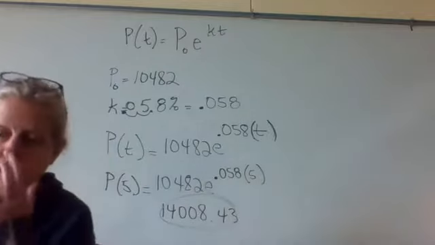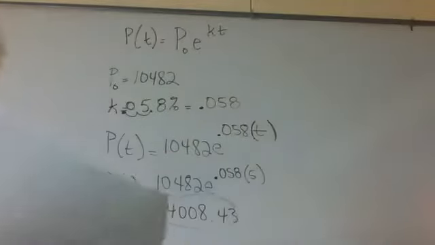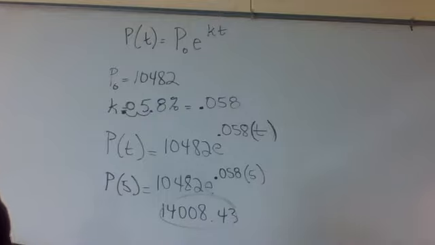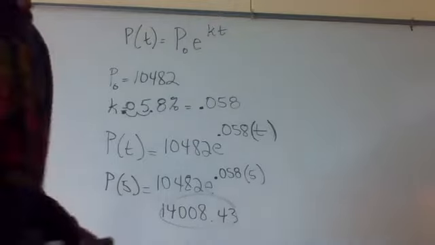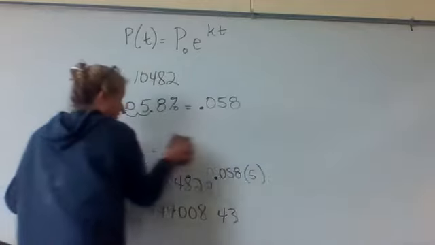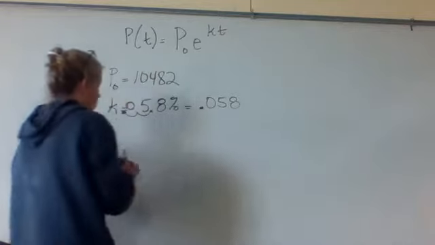Okay, so again, you'll do that a couple more times, just depending on what it tells you the T is. It's going to give you different numbers for T. The very last part of this wants to know, what is the doubling time? In other words, how fast is my money going to double? To find doubling time, it's always the same formula.